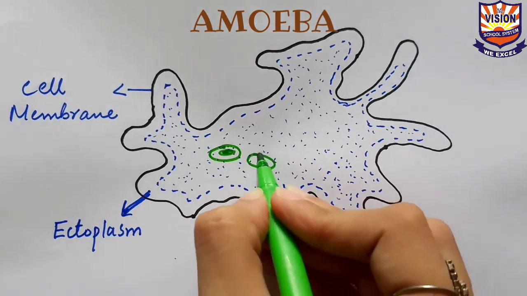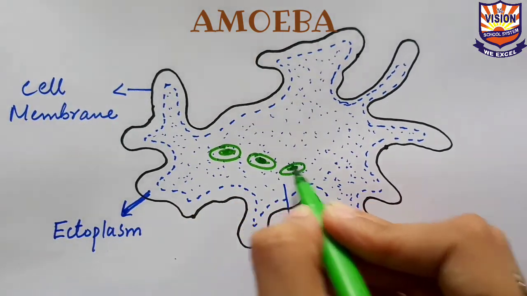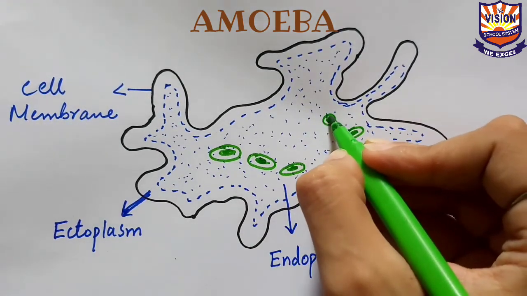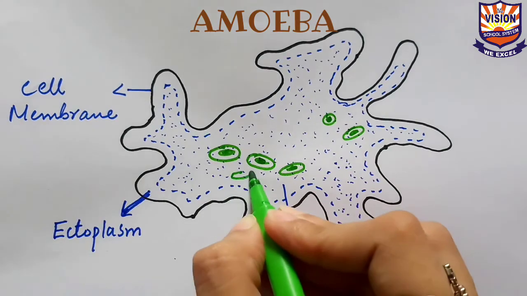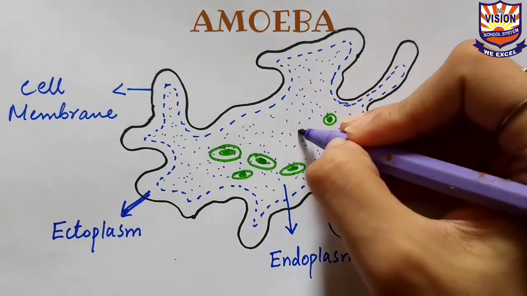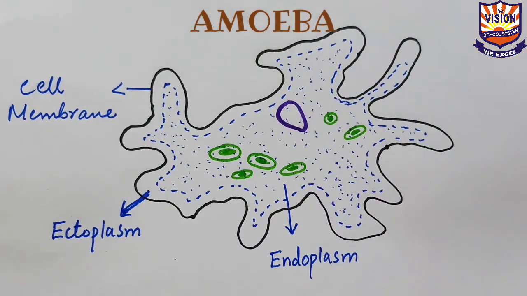So these are the food vacuoles, a contractile vacuole, and a nucleus.